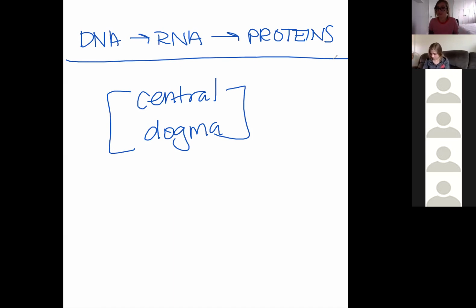I'm sure you guys have all heard of the central dogma, right? Because without DNA, we can't build RNA, and RNA is what makes proteins. Proteins are made up of what? Amino acids. Yes, I would hope that we're kind of clicking here.